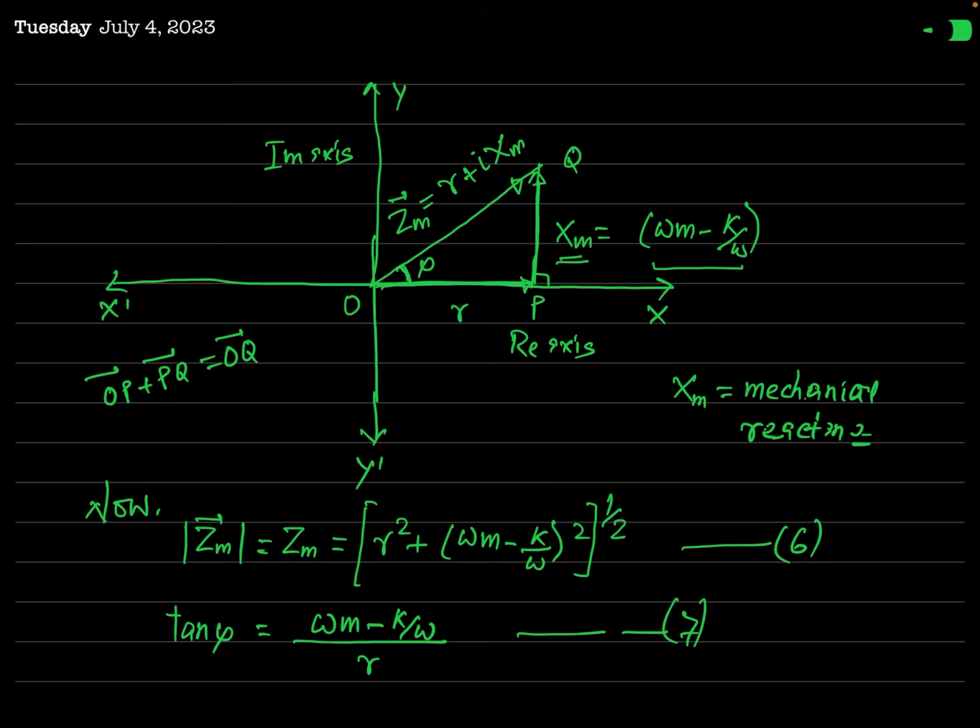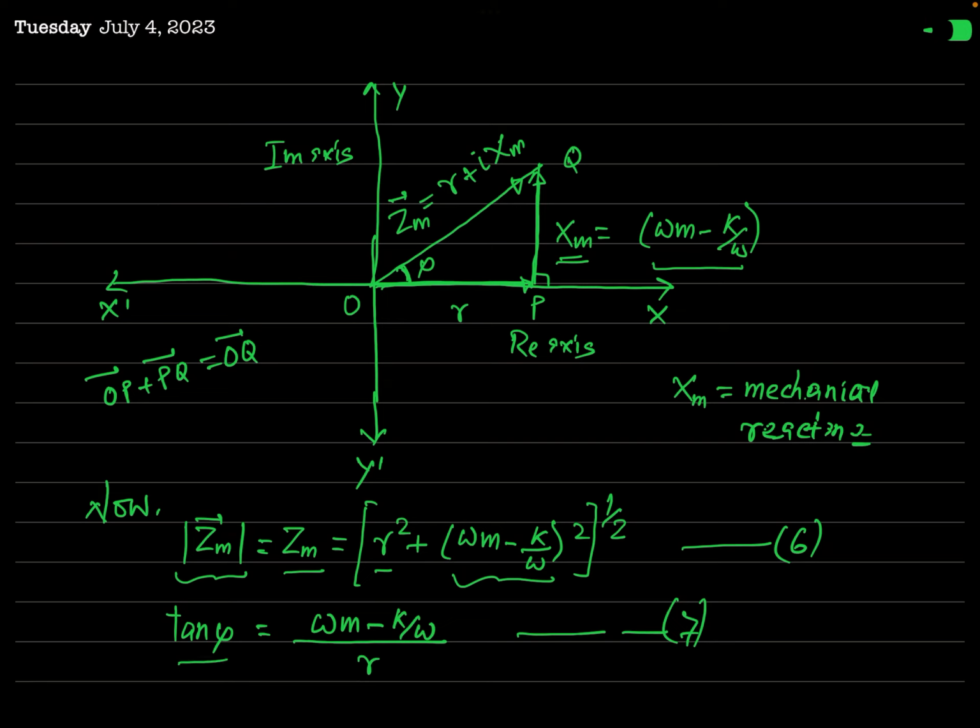Okay. Now, if you want to find the modulus of this mechanical impedance, its modulus will be mod Zm, which I have written simply Zm, and that will be equal to what? This is the square root of R squared plus omega m minus k by omega, whole squared. And you can see the figure.